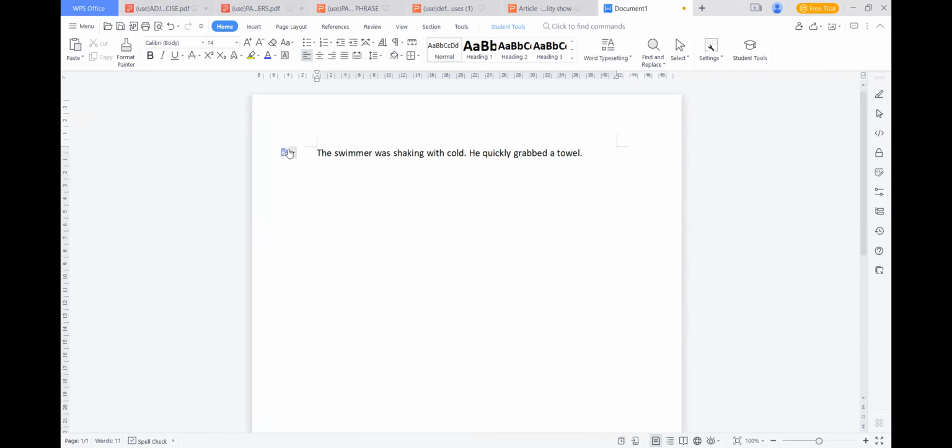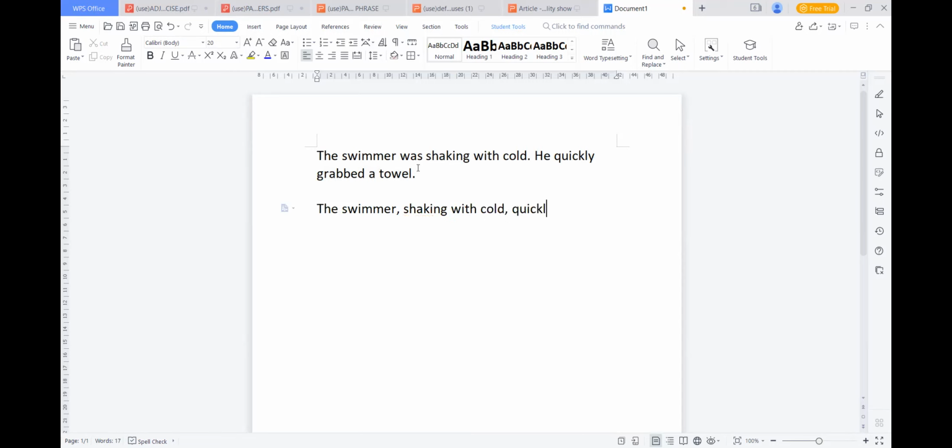So basically, this is actually two sentences formed into one. If we use a participle phrase, it becomes: The swimmer, shaking with cold, quickly grabbed a towel.